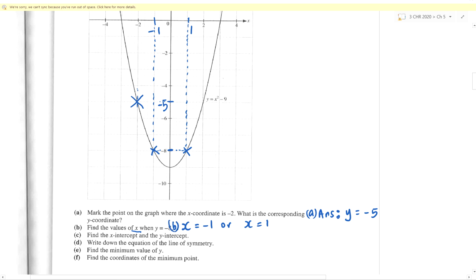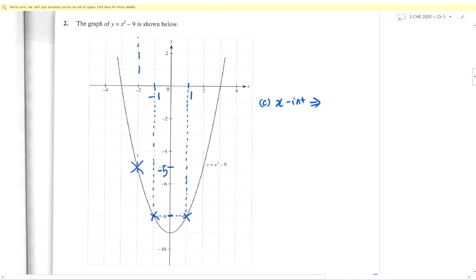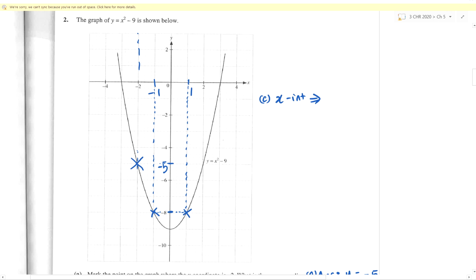Now for question C. Find the x-intercept and the y-intercept. So to recap, due to the lack of space, I'll put it over here. X-intercept. It tells us that the graph cuts the x-axis. When the graph cuts the x-axis, we are referring to a horizontal line. And horizontal lines, there are levels. Level 0.